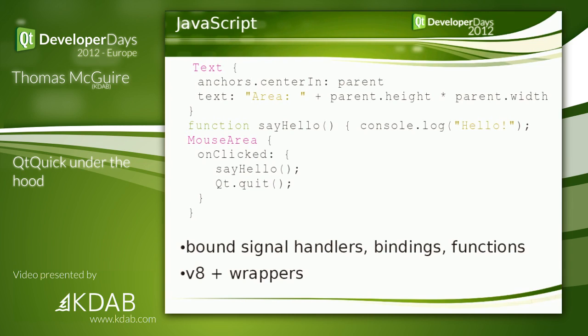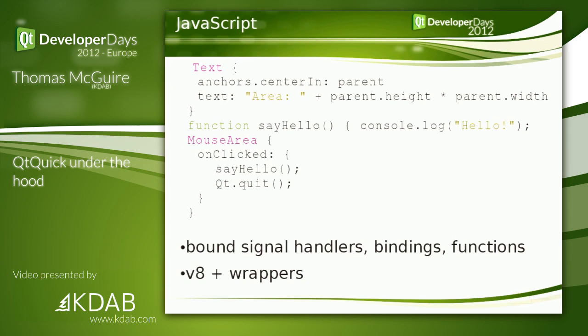So now the question is, of course, we have got a height and a width property here. How does the V8 JavaScript engine know about that? It's not built into JavaScript, right? Or actually, how does it know about the parent object? The way that works is, the JavaScript engine evaluates that expression.